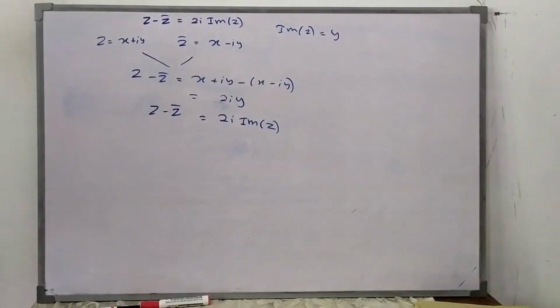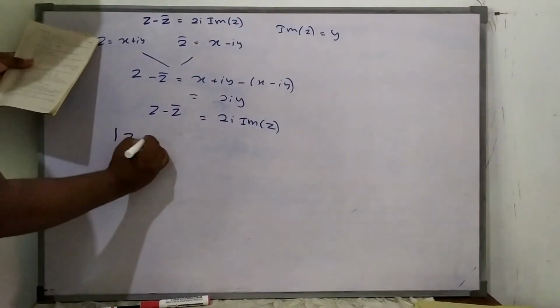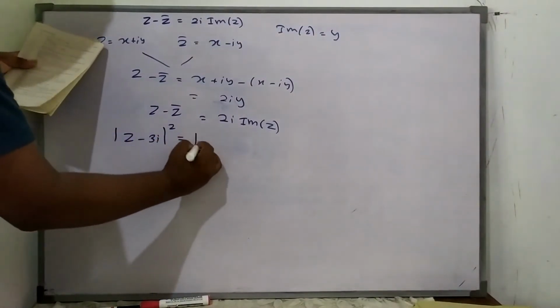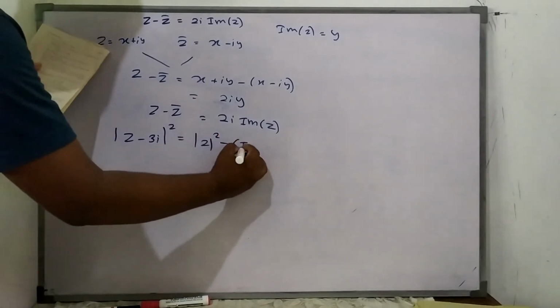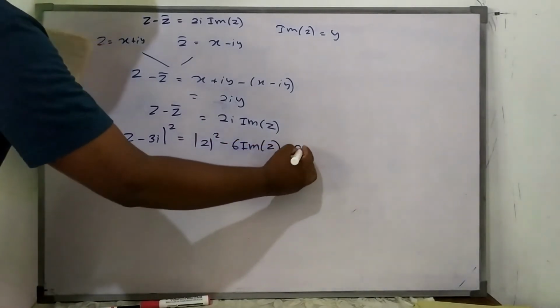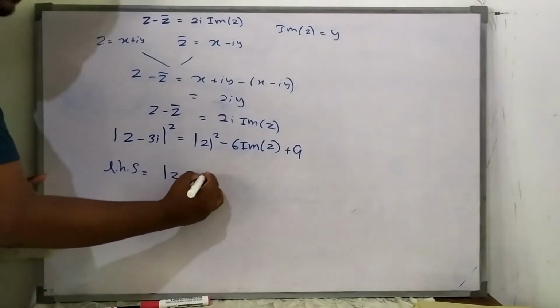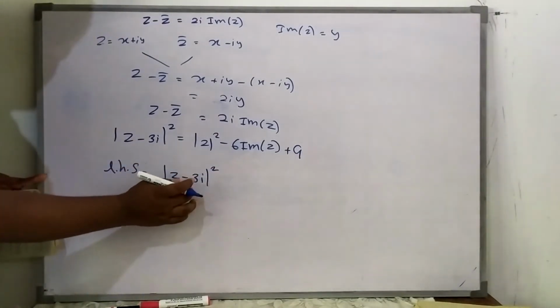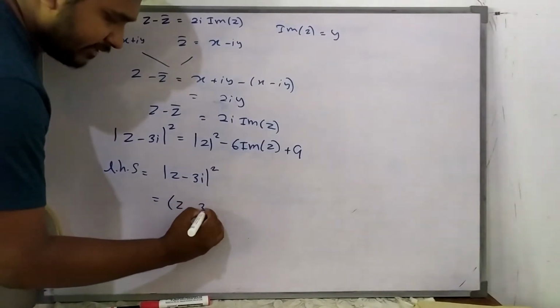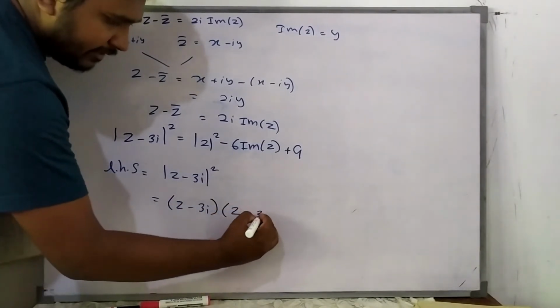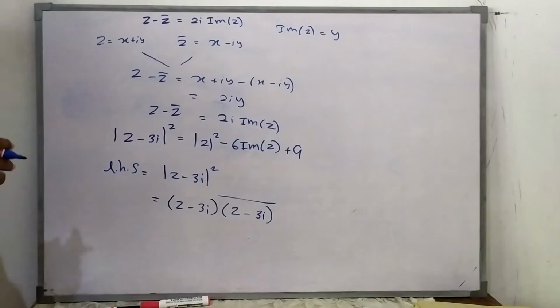Hence show that modulus of z minus 3i squared equals modulus z squared minus 6 imaginary z plus 9. I am starting from the left hand side. Modulus z minus 3i squared. So what is that? This is z minus 3i times z minus 3i conjugate, right?